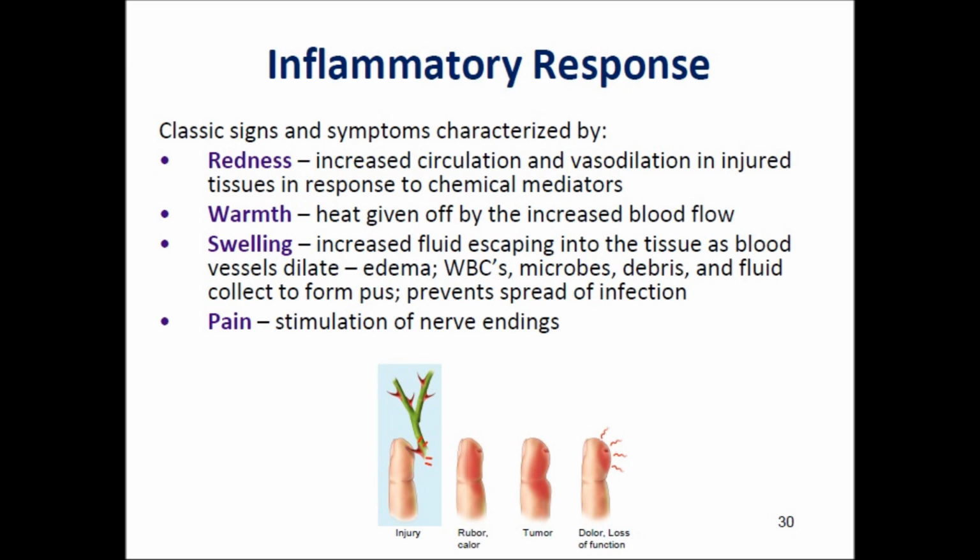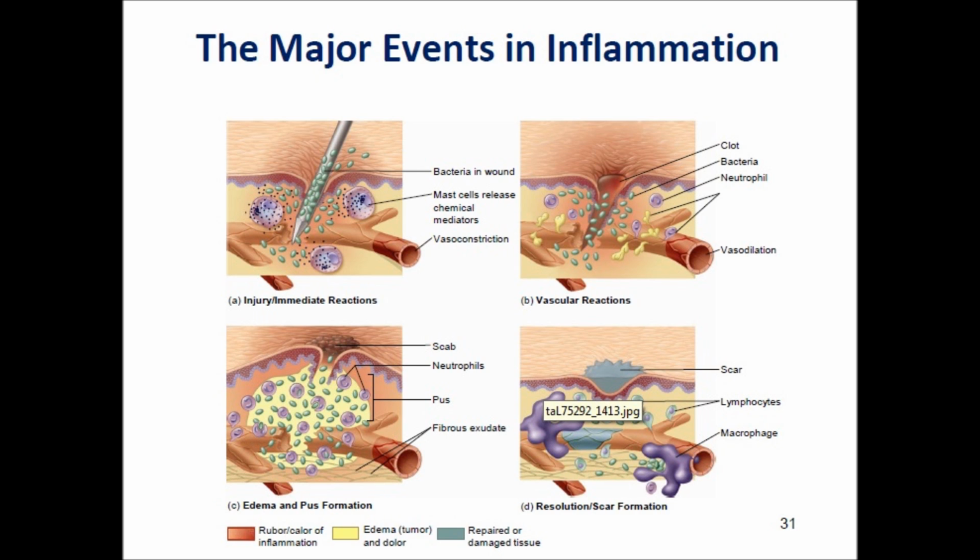And then there's the white blood cells. You have a mix of white blood cells, microbes, debris, fluid, and all that, and that forms the pus that you usually can find, and it prevents the spread of the microbes. And then the pain that you have comes from the stimulation of your nerve endings. So that would be an inflammatory response.